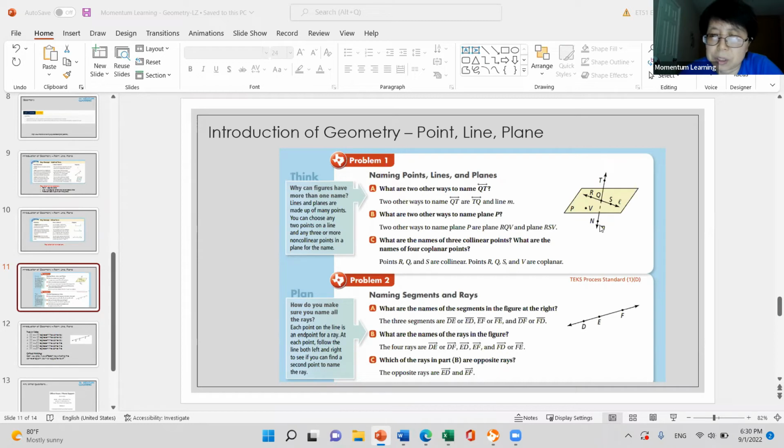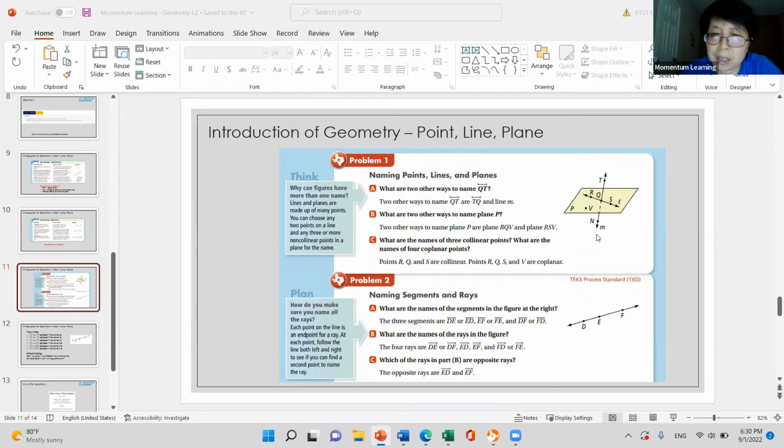Is there any other way to name the line NQ? You can name it NT, or QN. They represent the same line. And you see there's a little M. Actually, you can name this line M. They're all the same.